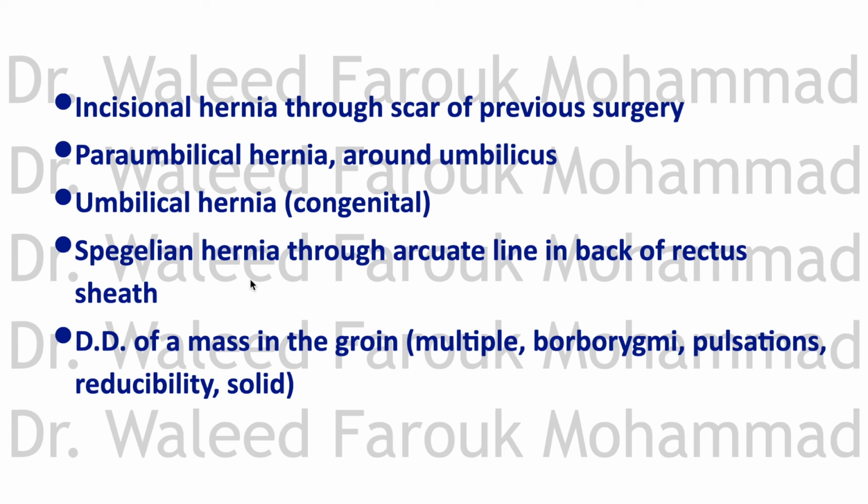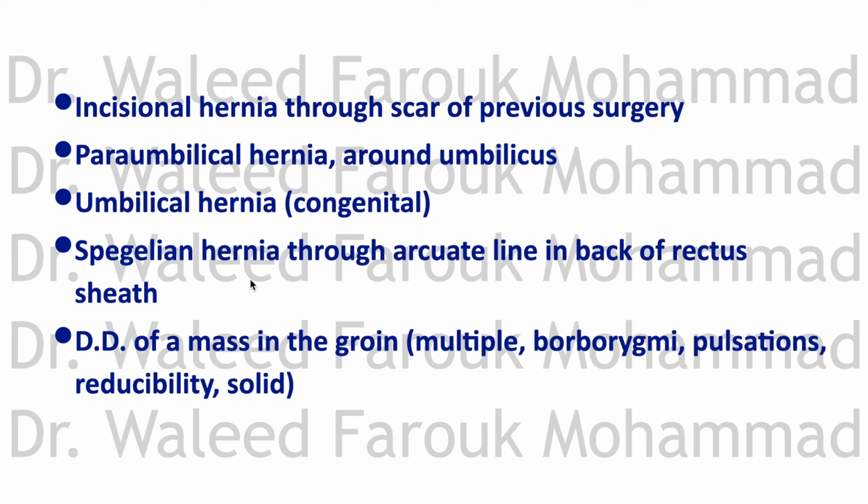multiplicity marks lymph nodes. The first thing to say about masses, a mass in any part of the body, if it's a multiple mass, it's more liable to be of lymph node origin. You can listen to it with the stethoscope; if there is borborygmi, which are intestinal sounds, it's a loop of intestine coming out. If it's reducible, it's a loop of intestine or omentum coming out.